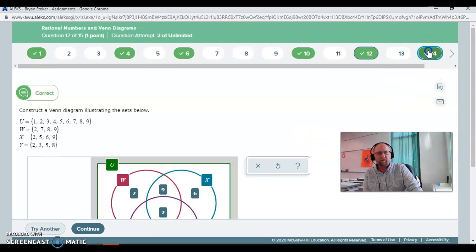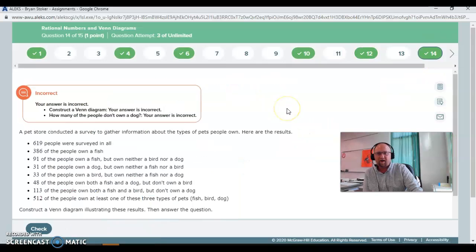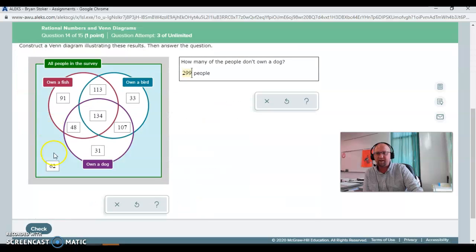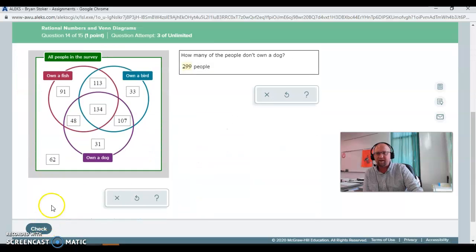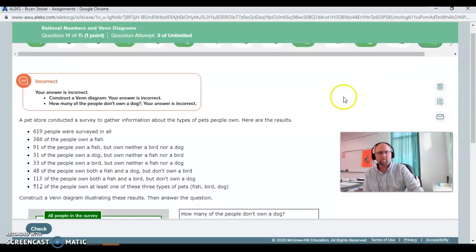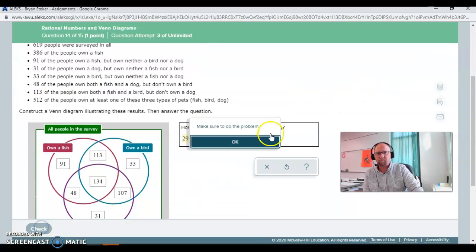All right, this last one here, I'm going to try to do. I have missed this one 3 different times. I'm going to try again, and we'll go from here. Let me just reset.